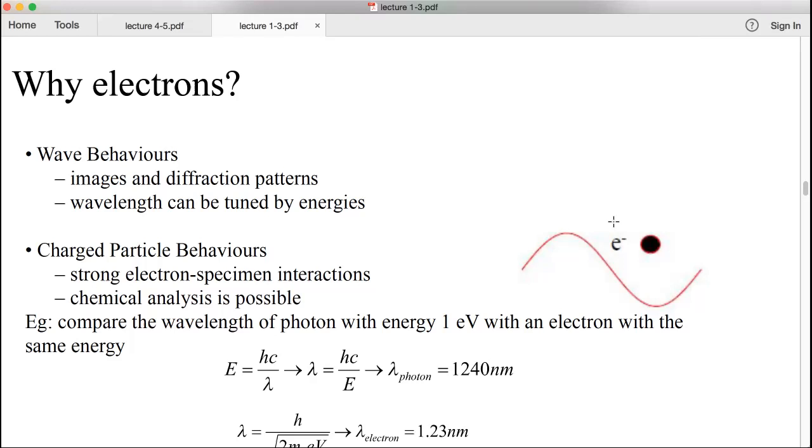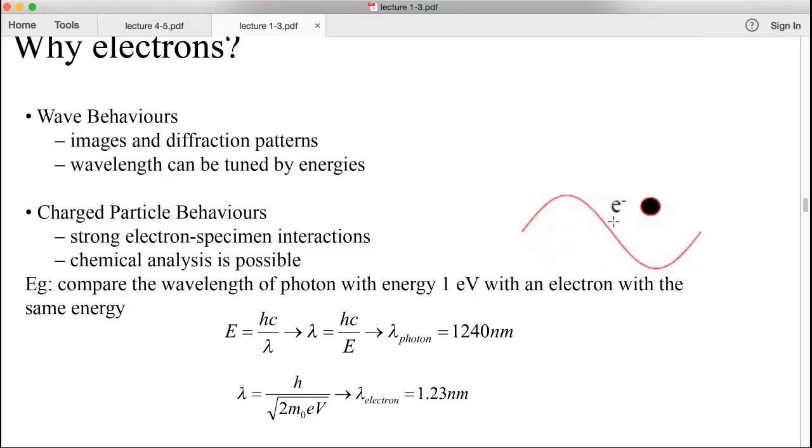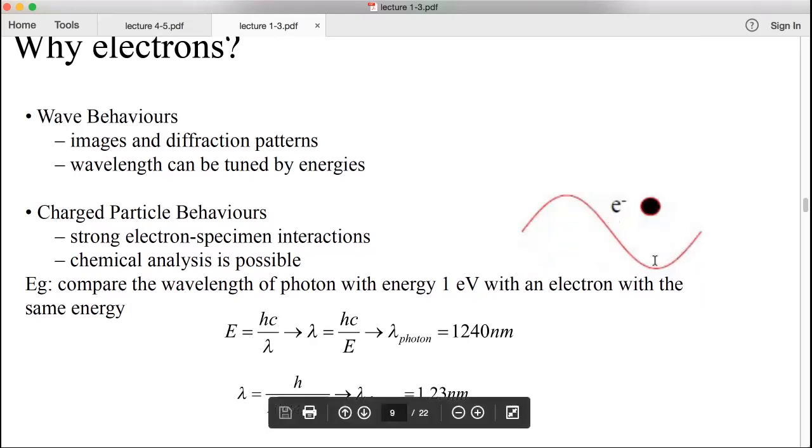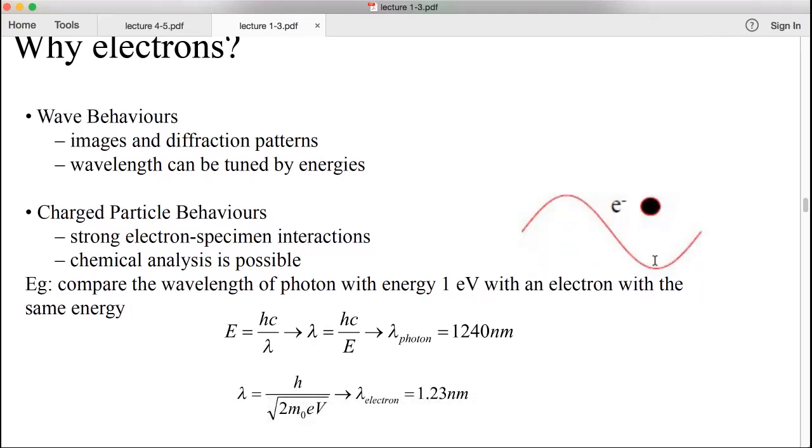And then if you calculate the photon wavelength and the electron wavelength for the same energy, you will see that the electron will have a much smaller wavelength.